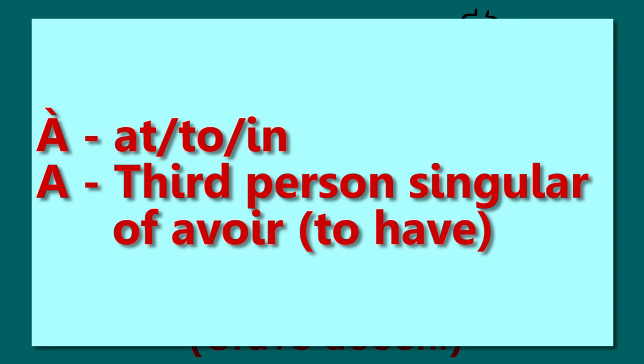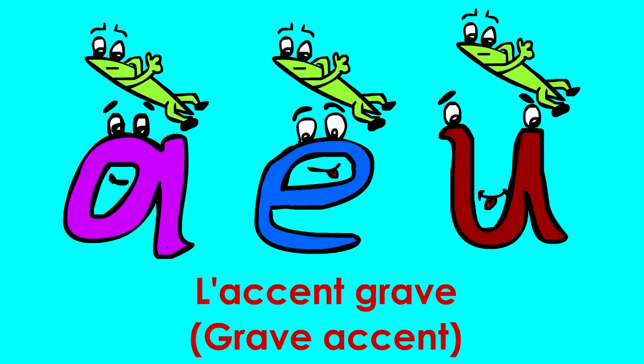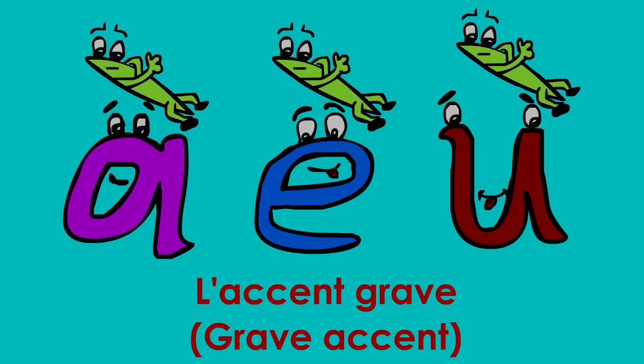A without an accent is the third person singular for have. Both of them are pronounced the same, but the meaning is different. In the case of U, we have 2 words in French which are pronounced the same, that is ou. One with an accent, où, means where, and the other one without an accent, ou, means or.